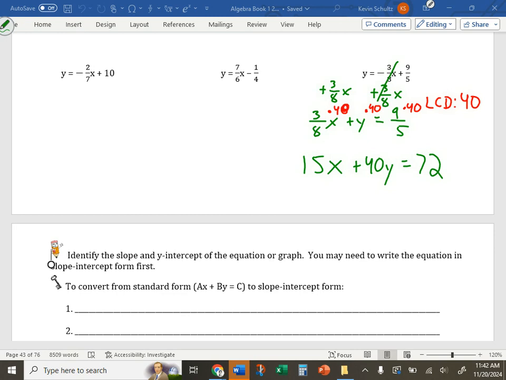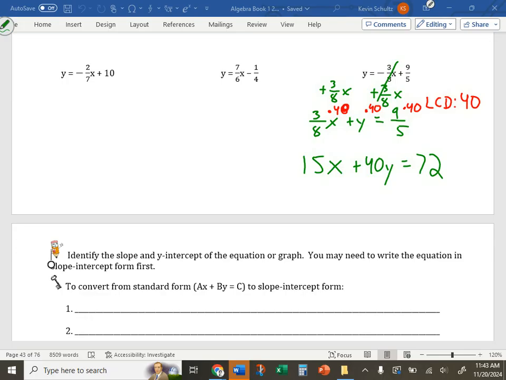Let's do the y equals negative 2/7 x plus 10 here. What would your first step be in this y equals negative 2/7 x plus 10? You have to add 2/7. Not add negative 2/7, but just add 2/7.